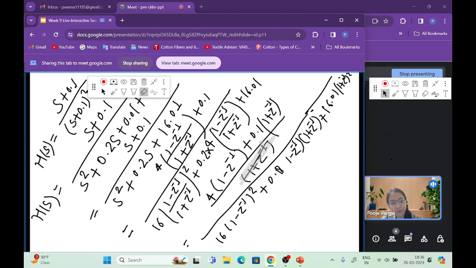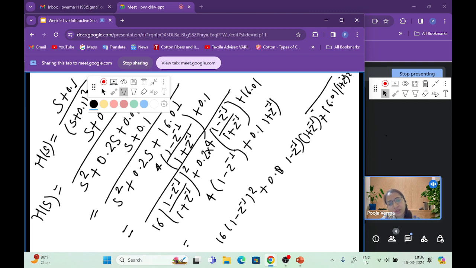So if we remove from here, what is left? In the whole equation, here 1 plus z inverse whole square, and here multiplied by 1 minus 1 plus z inverse only. Now if you solve the whole equation, it is 4, 1 minus z inverse in brackets, 1 plus z inverse in another bracket.